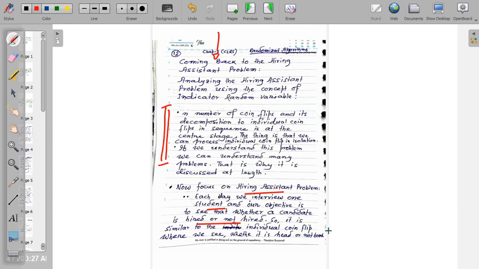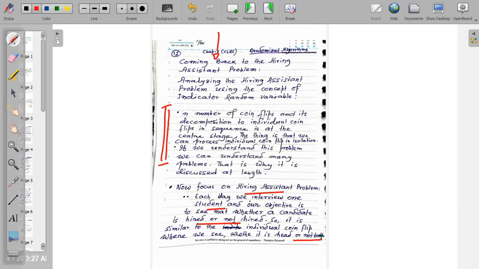So it is similar to an individual coin flip where we see whether head comes up or not. Only the probability will be changing. Other than this, it remains absolutely the same.